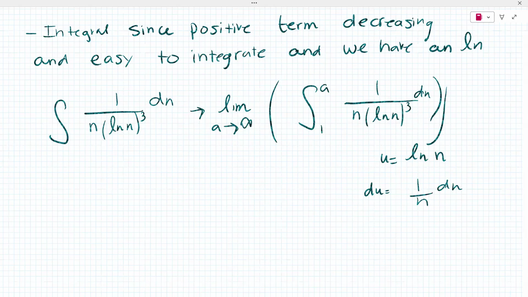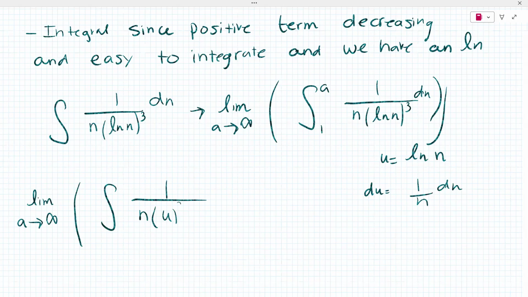So we're going to rewrite this as the limit as a approaches infinity of 1 over n, then just replace ln of n with u, so this is going to be u to the third, dn. I mean, du.